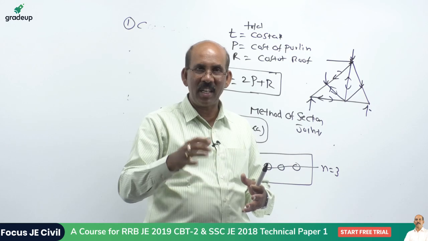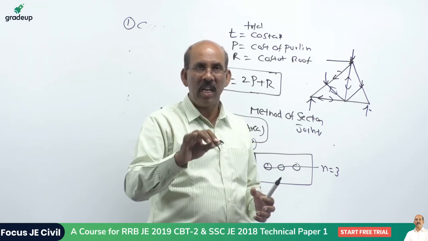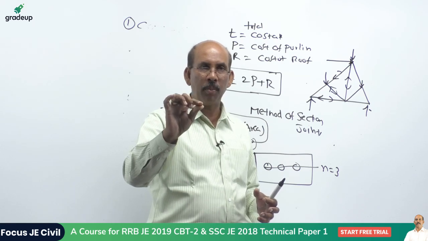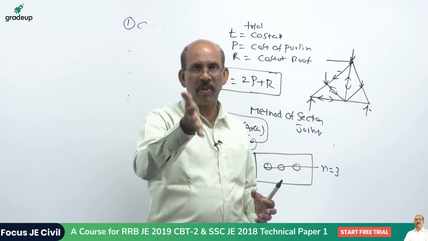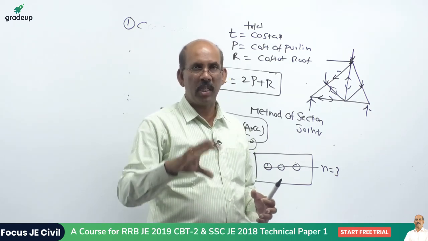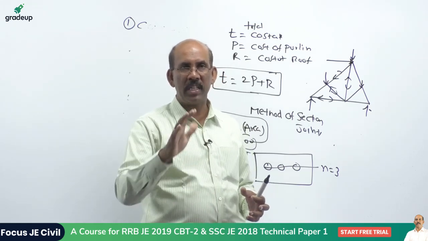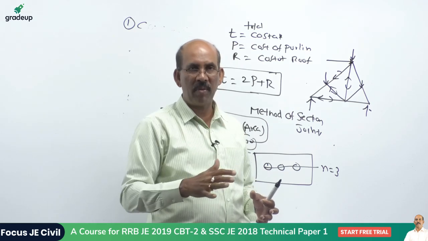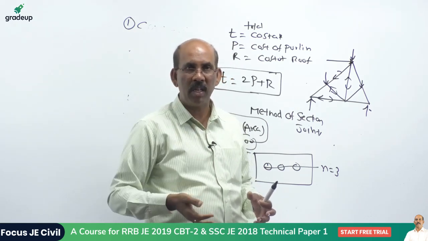Which method is easy, especially for sway and non-sway? The moment distribution method is very simple, and Kani's method is also more preferable compared to moment distribution. In general we use the moment distribution method, which is simple and easy, because in slope deflection we have more simultaneous equations to be solved.